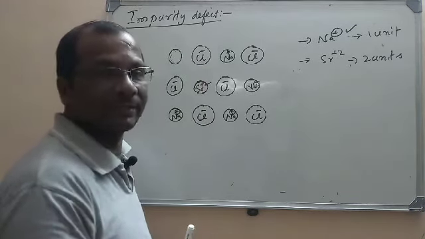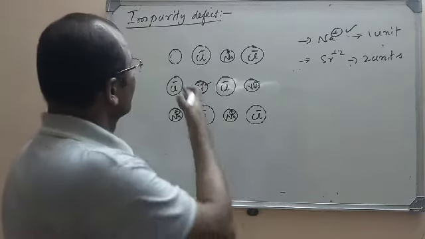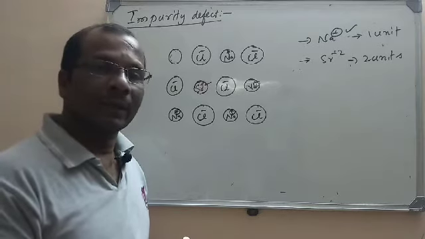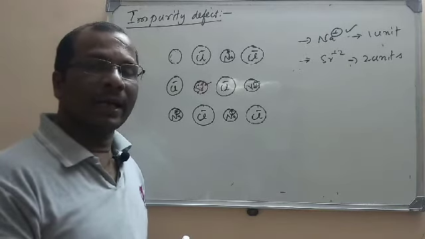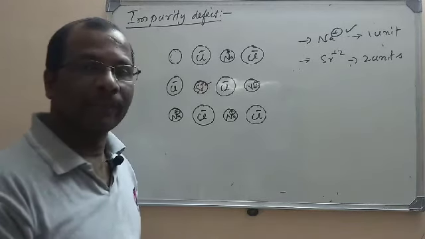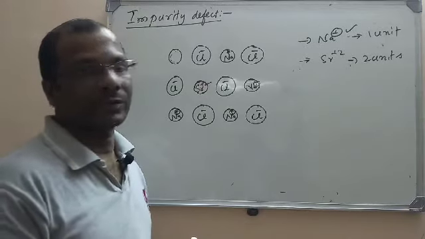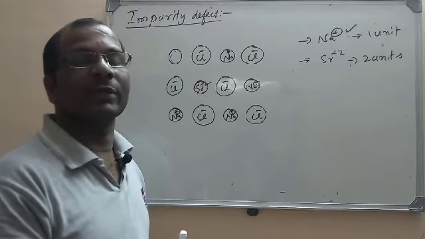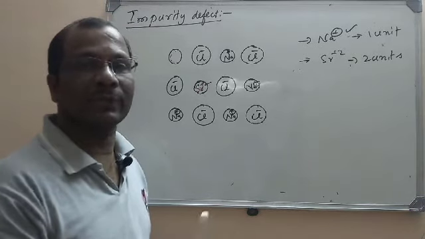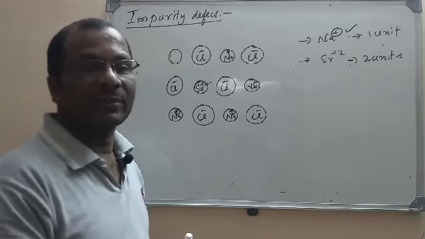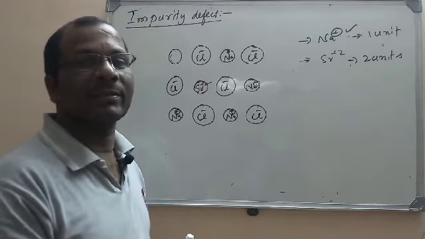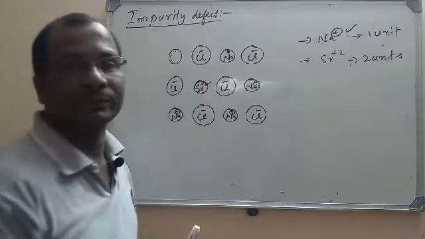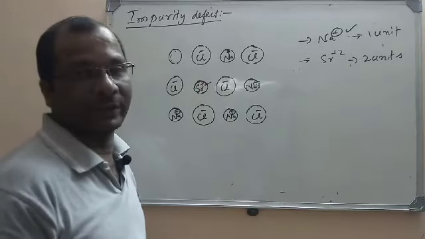So this is called an impurity defect. Impurity defect is due to the presence of unwanted ions in the lattice points. For example, if you take molten NaCl, that will have small amounts of strontium chloride, and the strontium ions will occupy the lattice sites of Na+ to give rise to an impurity defect.